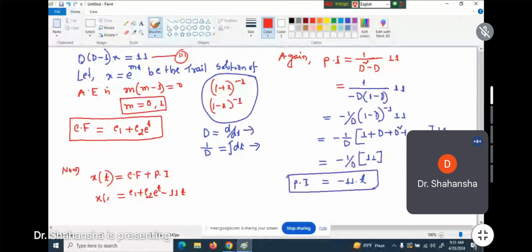That is the x of t value. I believe all of my beloved students are clear up to this portion. Any inquiry, friends?